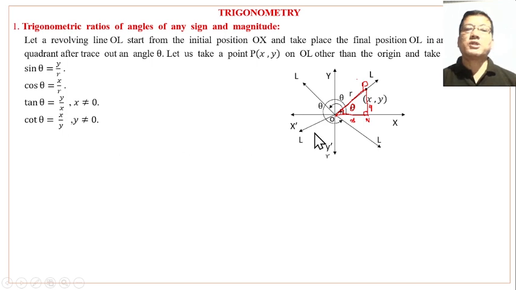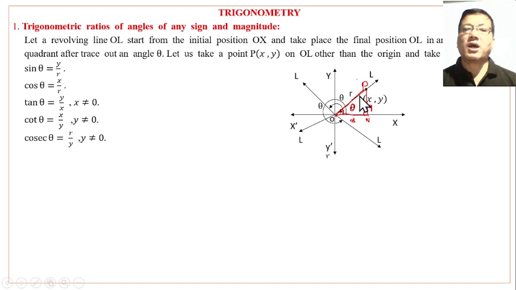Cot theta is x by y, base by perpendicular. Here the value of y is not 0; if y is 0, then OL is along OX or OX dash, and it is not defined.